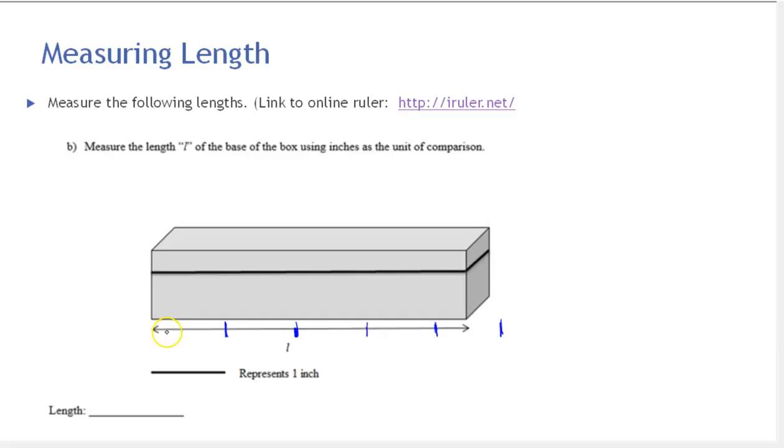So notice again, I have 1 copy of an inch, 2 copies, 3 copies, 4 copies, and it looks like this one, I would say that's about a half also. So this is approximately 4.5 inches. Okay. And notice you can also practice measuring these if you have an actual ruler. You can practice measuring in different units. Let's look at the last slide.